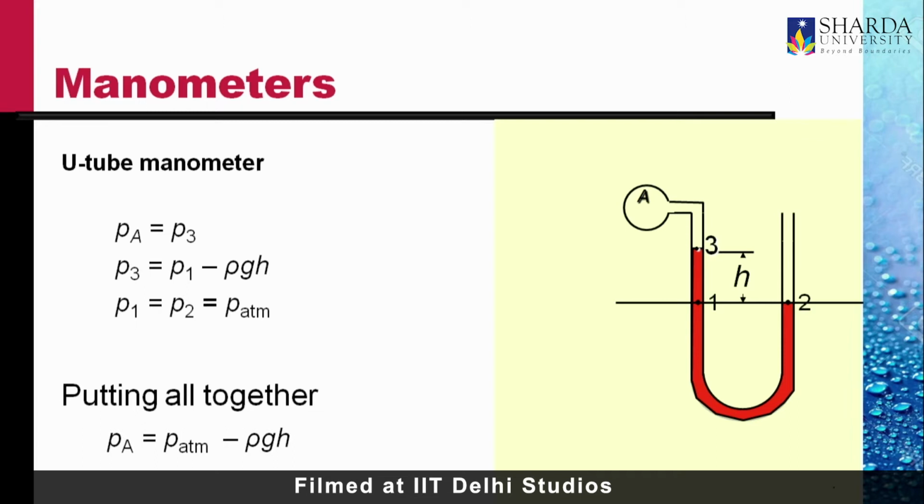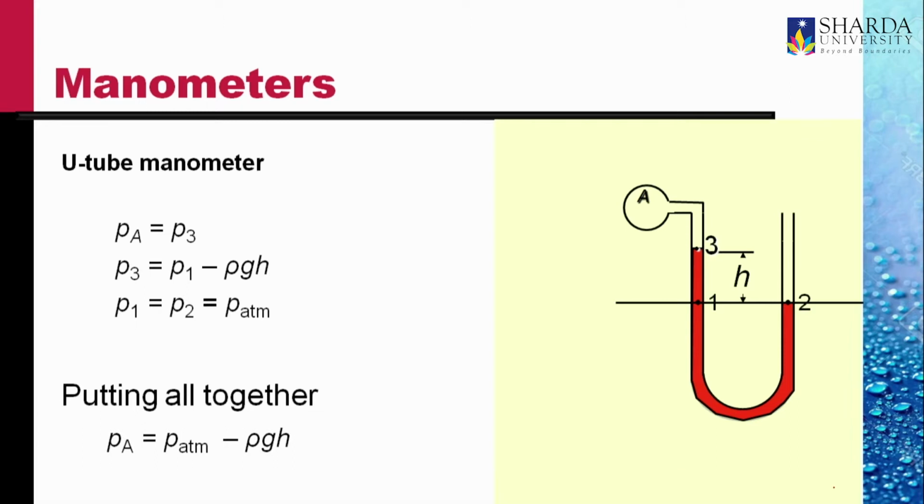Putting it all together, PA is equal to P atmosphere minus rho GH. The pressure of the gas inside the bulb is lower than the atmospheric pressure by an amount rho GH, where rho is the density of the manometric fluid in the tubes.